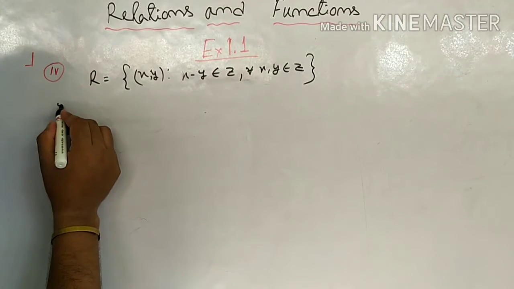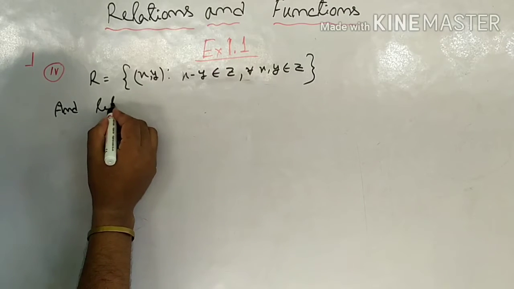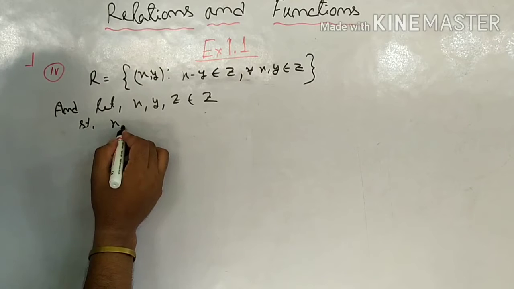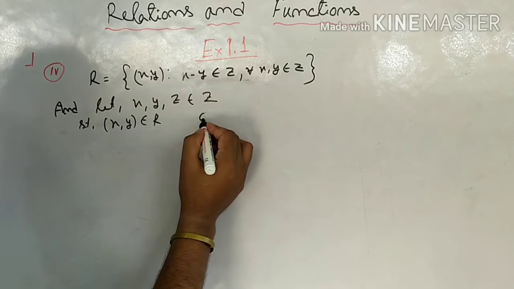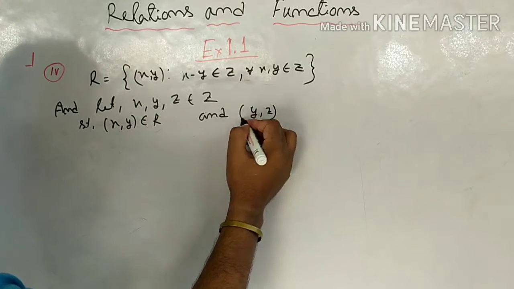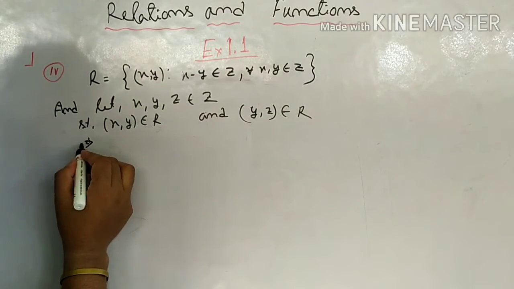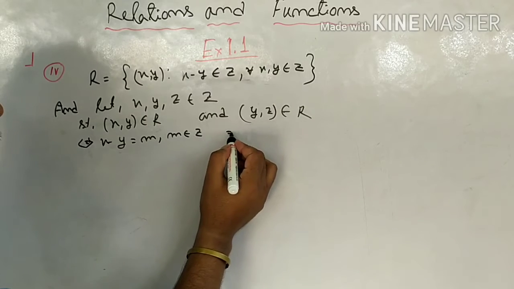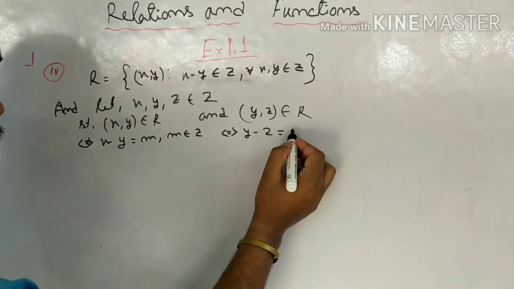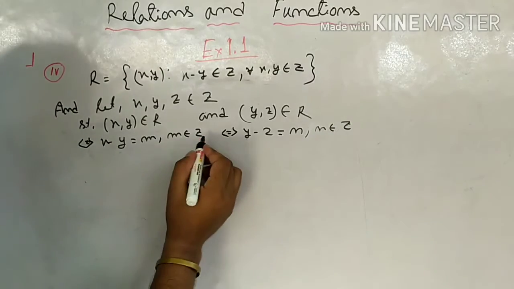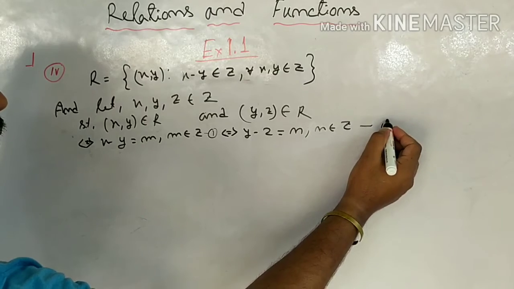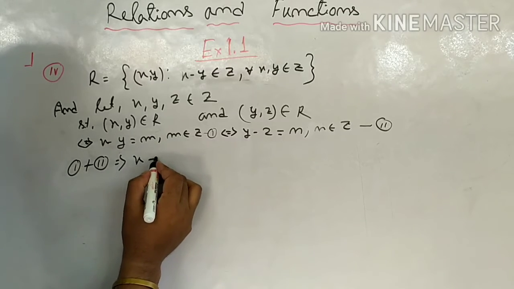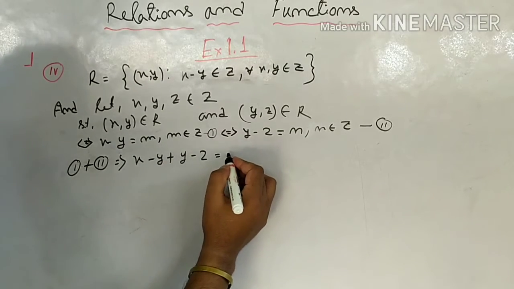And let x, y, z belong to Z such that (x, y) belongs to R and (y, z) belongs to R. Therefore x - y = m, such that m belongs to Z, and y - z = n, where n belongs to Z. Adding, (x - y) + (y - z) = m + n.